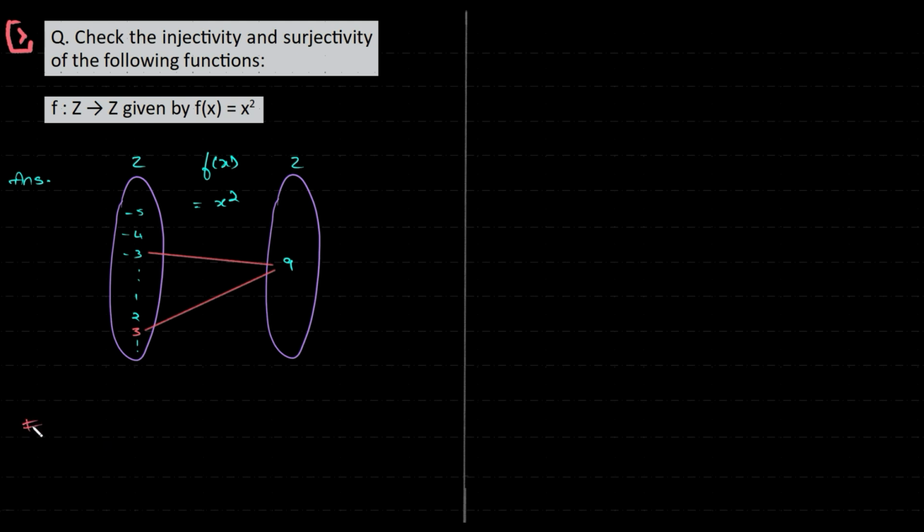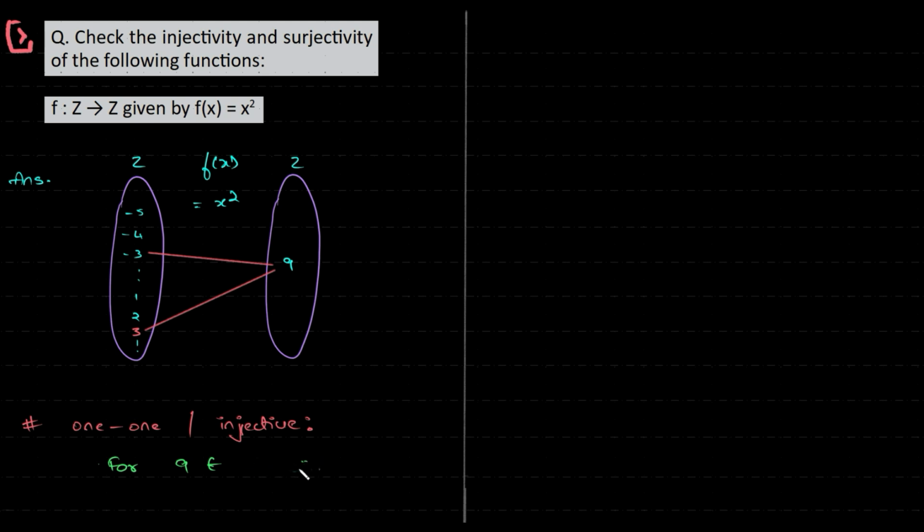So let's write that. 1-1, also known as injective. So it's clearly a case of not being injective. So let's consider 9 belonging to, say, not N, Z, or your domain.